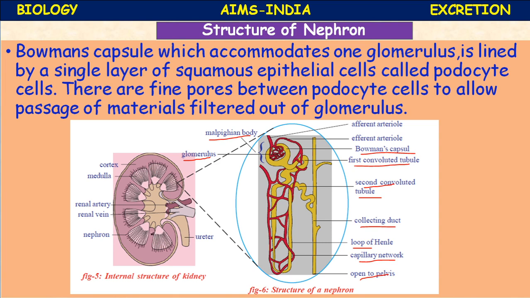There are nearly 5 to 6 renal calyces present. The shape is like a pyramid, so they are also called renal pyramids. Each nephron opens into this pelvis. The pelvis opens into the hilus, and from the hilus the ureter continues.